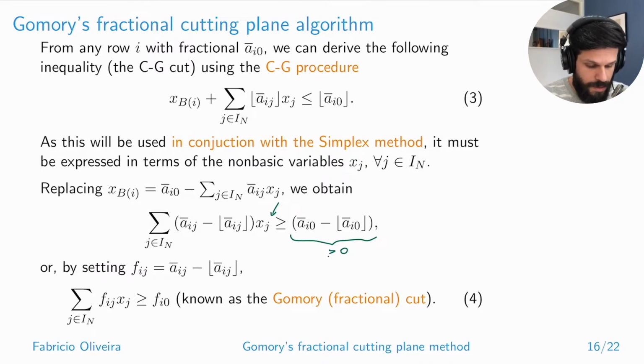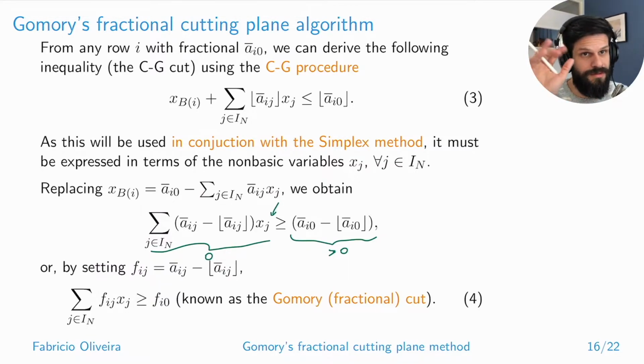But now that you've written everything in terms of the non-basic variables, all of this here is 0, because these are all non-basic. So it turns out that this constraint is violated. If you found a constraint that is violated, you solved the separation problem. So you can do this very efficiently.